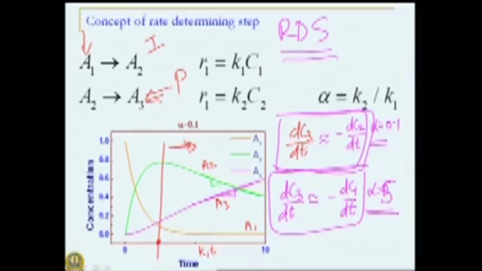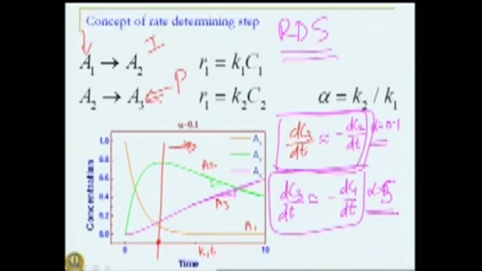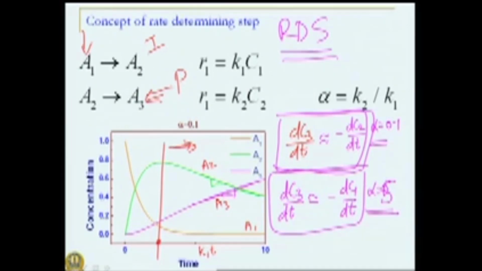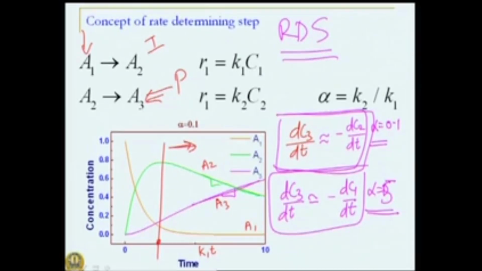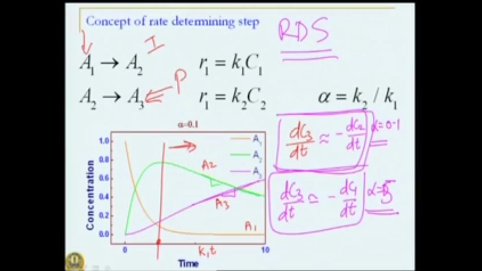And then we will have to make certain other assumptions as far as the other reactions are concerned. So, what we are saying is we have, let us say, 10, 15, whatever number of reactions, and one, or it could be more than one, maybe two steps, are very slow compared to all the other reactions.